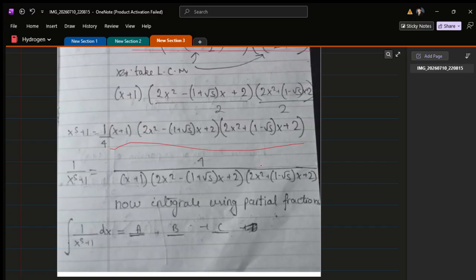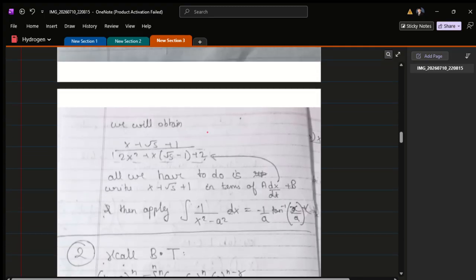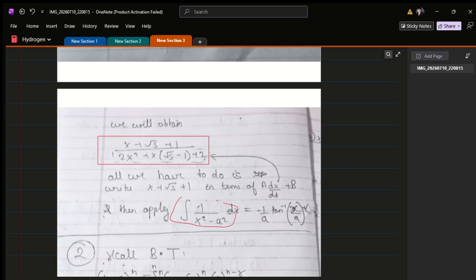Now we can integrate using partial fractions. We have linear multiplied by quadratic multiplied by quadratic. We can easily use partial fractions here, but it's going to be very tedious. The result is that we are going to get this. Now we have to apply the formula that we know, integration of 1 upon x squared plus a squared dx is 1 upon a tan inverse x by a plus some constant c.